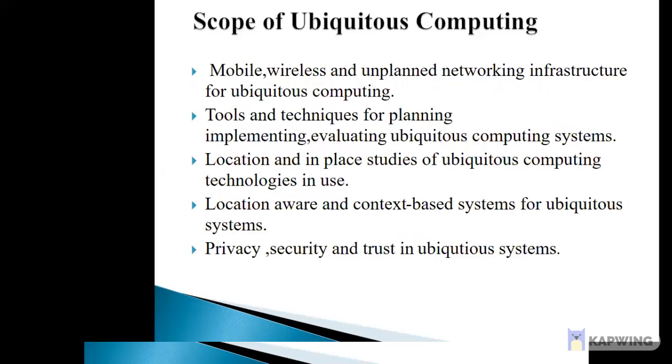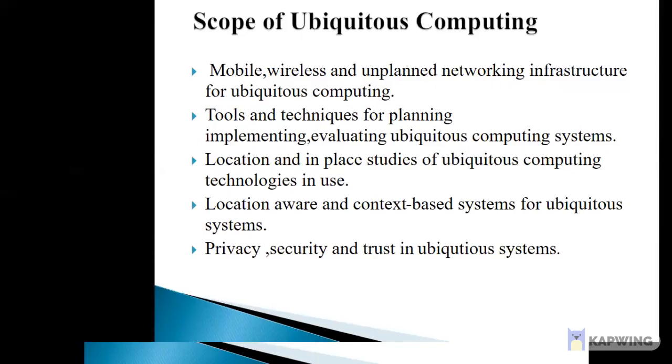Scope of ubiquitous computing. So where we can use ubiquitous computing, or where the scope of ubiquitous computing is: mobile, wireless, and unplanned networking infrastructures for ubiquitous computing. So mobile as a smart device is one example of ubiquitous computing. The wireless network or unplanned networking infrastructure can be used in ubiquitous computing.